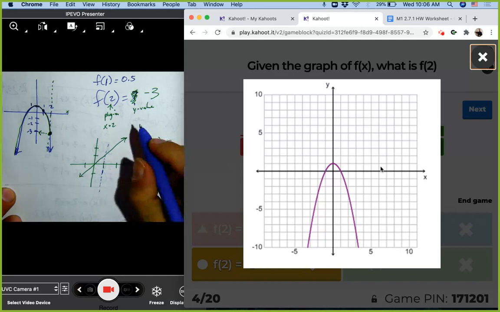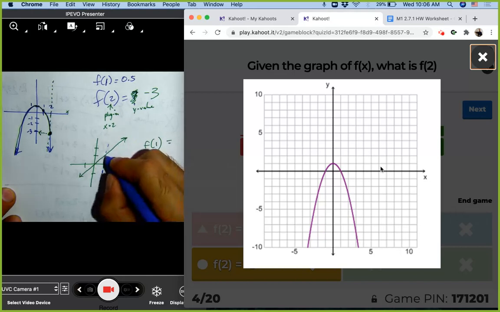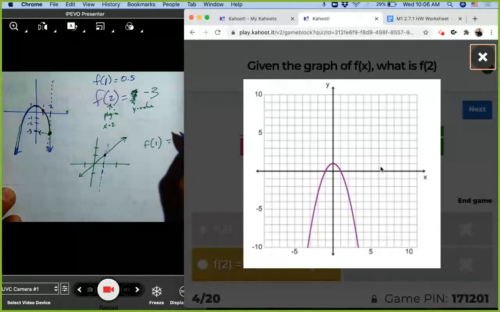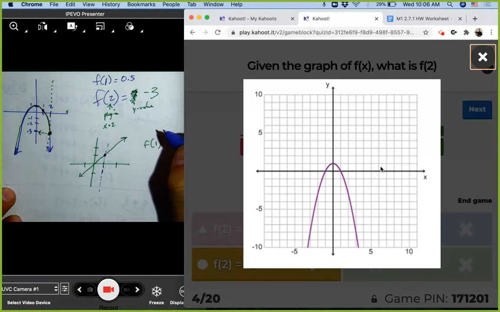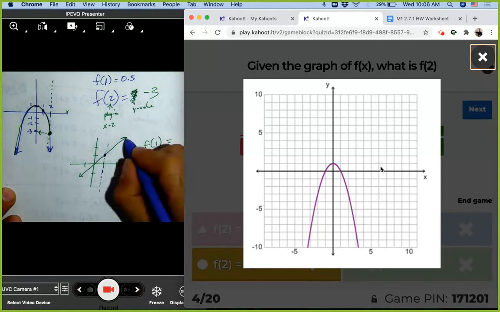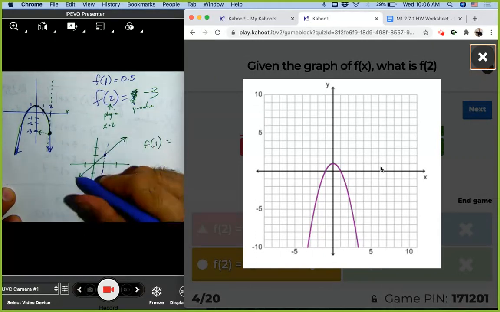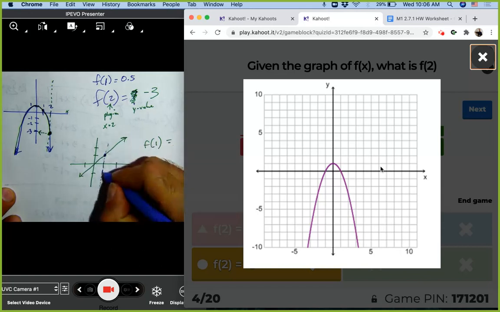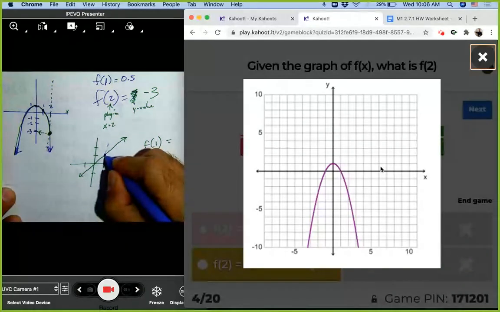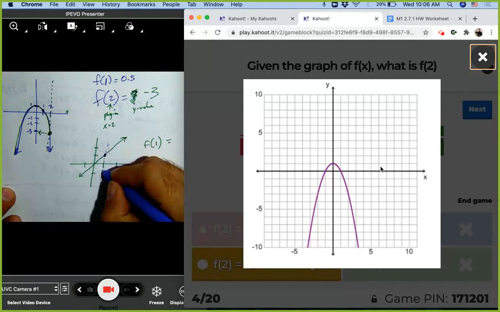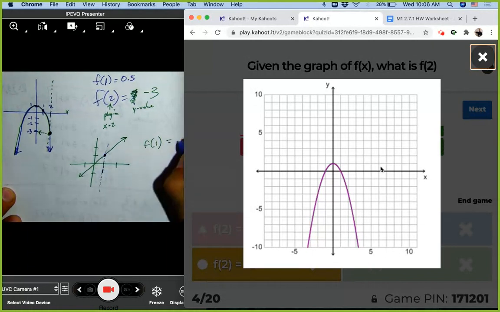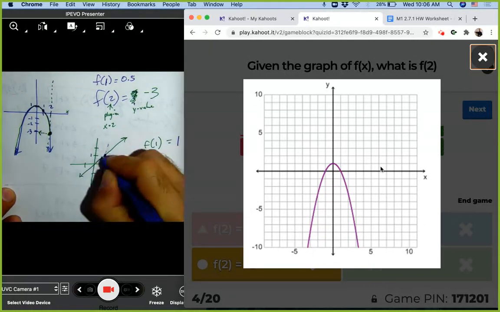And where am I? Good, Lizeth. I'm right here, because that's where the function is. We're only looking at the function. If you're like, well, how did you know it was there? It's because this line's here. The line is the function we're looking at. And if I needed to know f of 1, I would look to see where the function crosses x is equal to 1. It crosses it at 1 for y. You see?